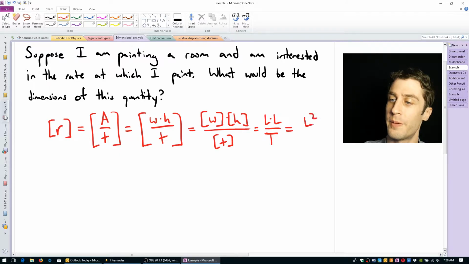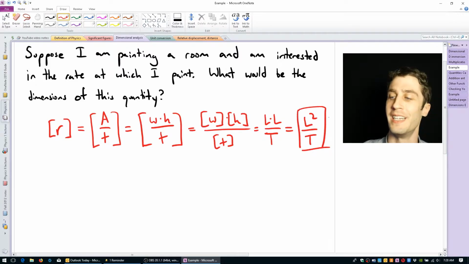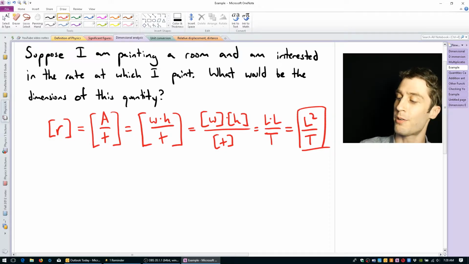And so we finish it off by writing it as length squared divided by time. Okay, so there's my dimensions of how fast I can paint. So if I'm describing how quickly I can paint the room, I might measure that in something like meters squared per hour or feet squared per minute, something like that.